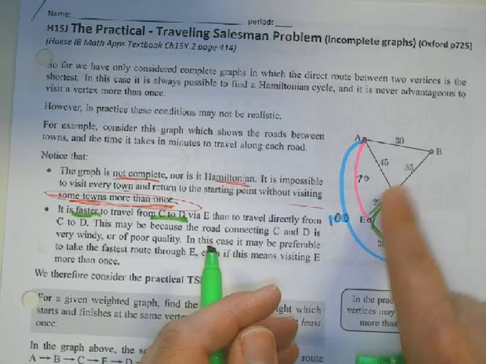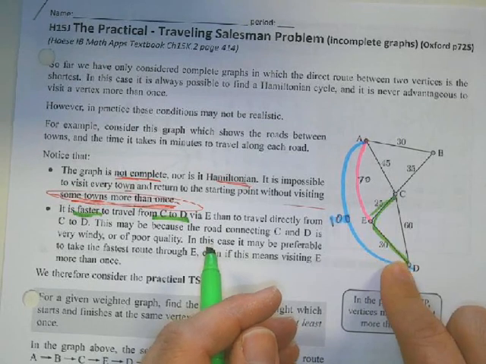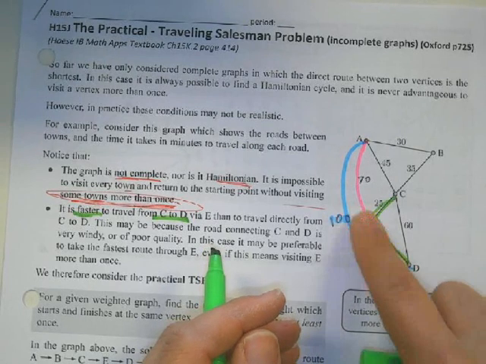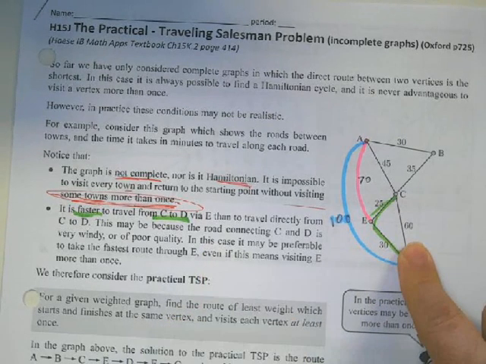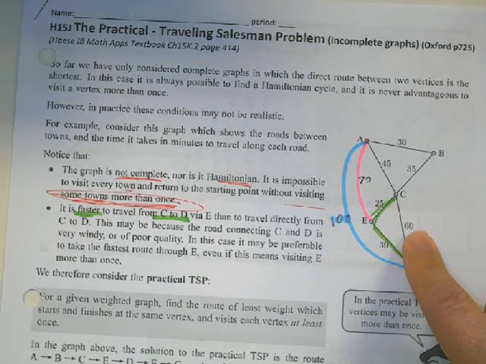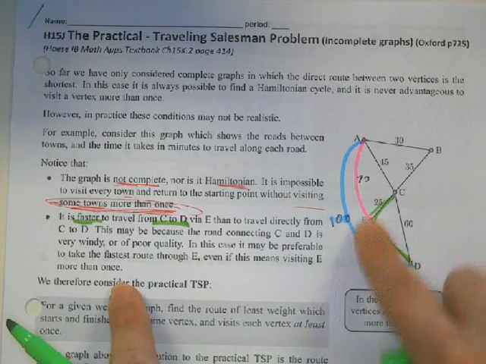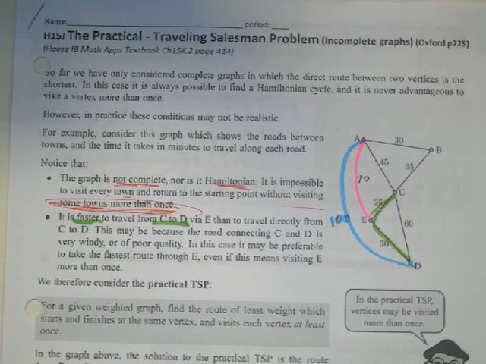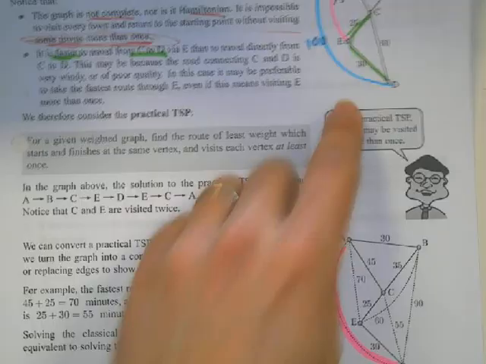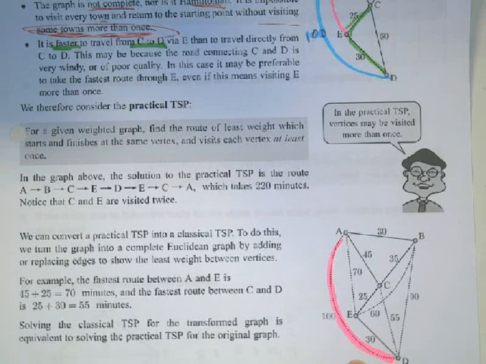That's going to give me a weight of 55, versus if I go this way, it's a weight of 60, and there are some possible reasons why traveling through E might be better. Okay, so this is called the practical salesman route. I just drew some examples of what they did here too.